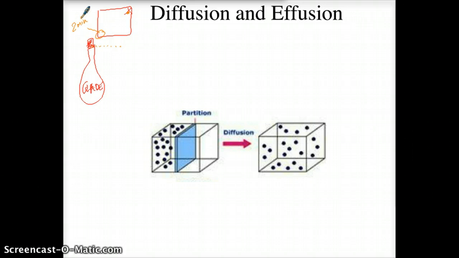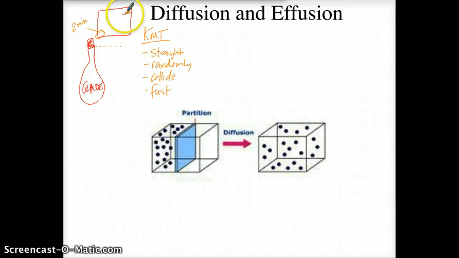Now that seems kind of contradictory because we know that gas molecules, according to kinetic molecular theory, move in straight lines, move randomly, have no brain, collide with each other, and move extremely fast, on the orders of hundreds of miles per hour. So what explains this process?